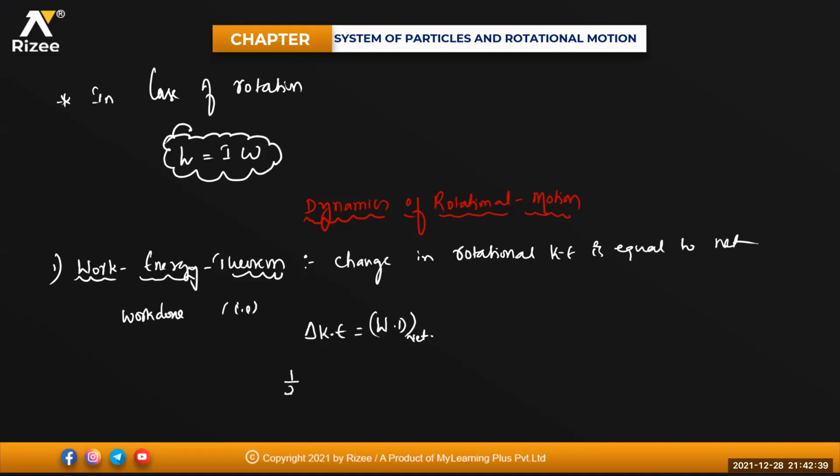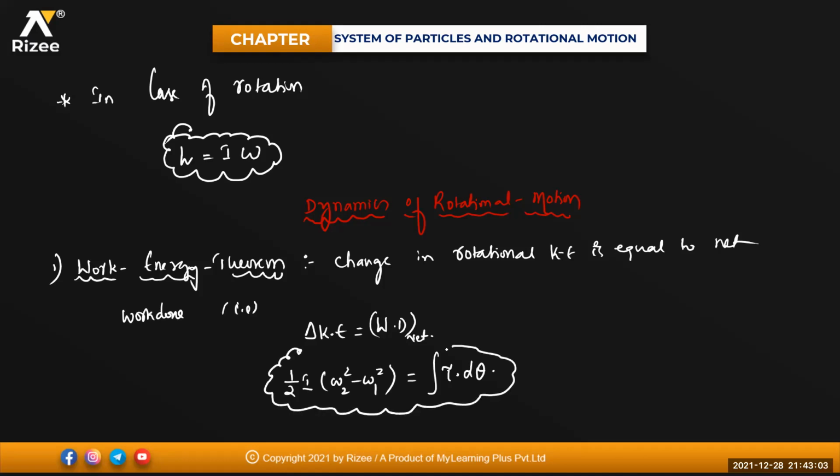So half into I into omega 2 square minus omega 1 square will be equal to the integral of tau into d theta. Work done in rotation is represented by force into displacement. Here force is represented by torque and displacement is represented by theta.